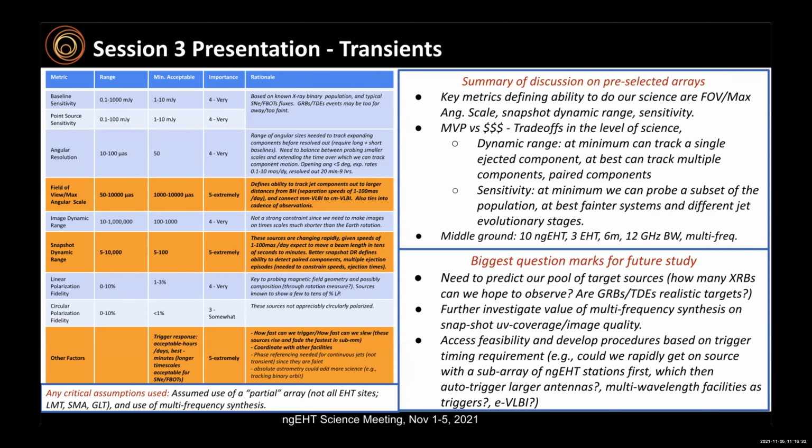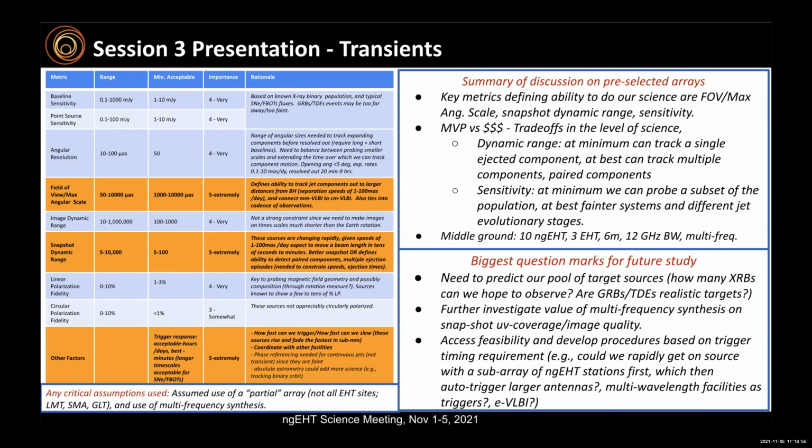And to put some numbers in front of you, with X-ray binaries, for example, the jets are likely to have opening angles of less than 5 degrees. And this translates to expansion rates of anywhere from 0.1 to 10 milliarcseconds per day, which means that they're likely going to be resolved out between 20 minutes and 9 hours.